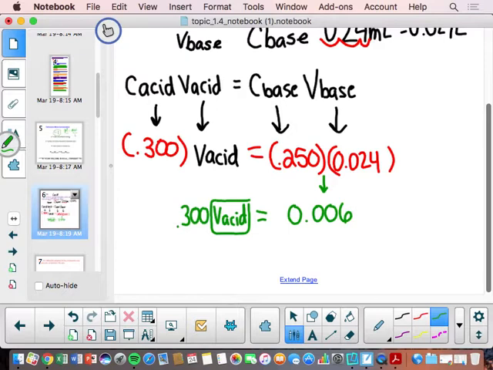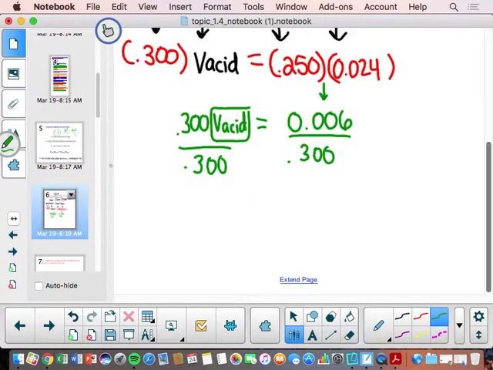So if we have times 0.300 on this side, we gotta divide both sides by 0.300. So to figure out what our V acid is, these are going to cancel out, so we're left with V acid is equal to whatever this is, 0.006 divided by 0.3. So when I did that, I got an answer of 0.02.